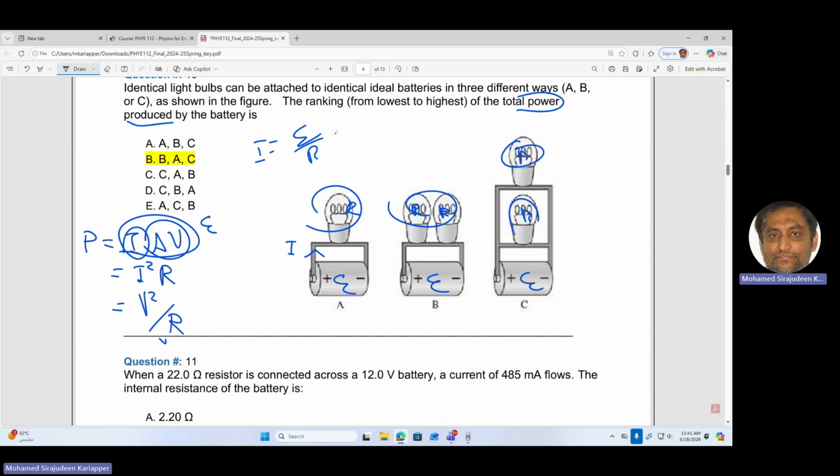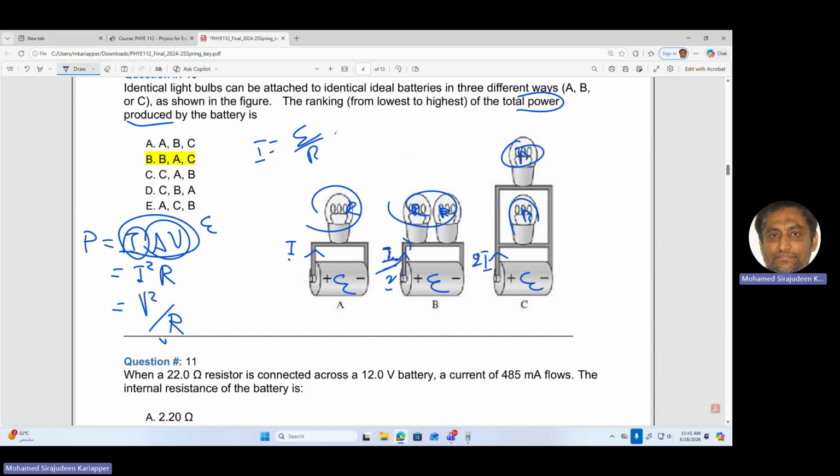So the current will be halved, less. So if the current is I here, the current from this battery will be I over 2. Here, when you have two resistors in parallel, the resistance will be halved. So the current will be doubled. The current here will be 2I.